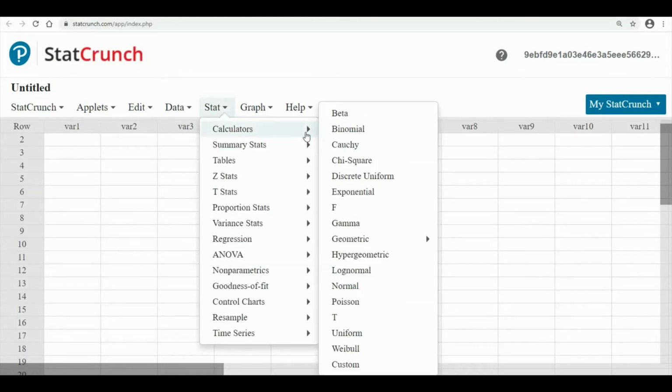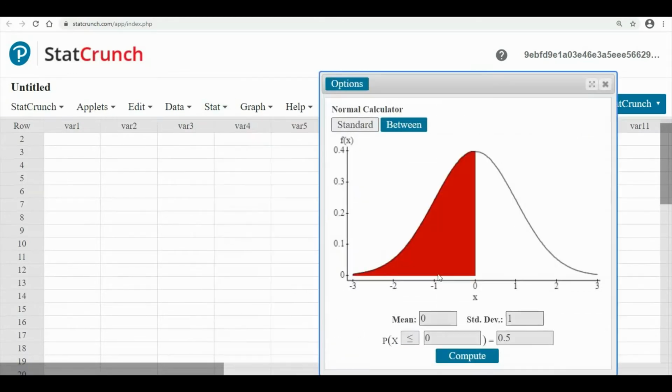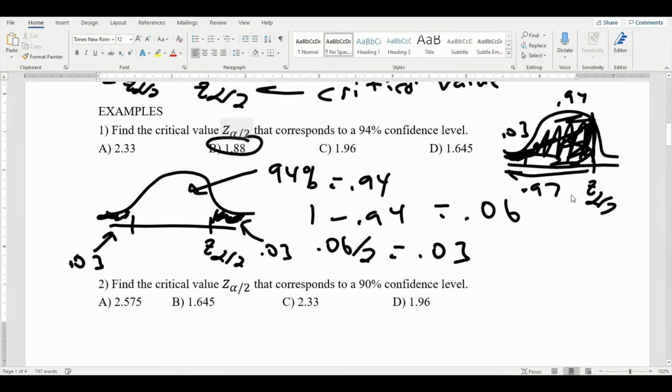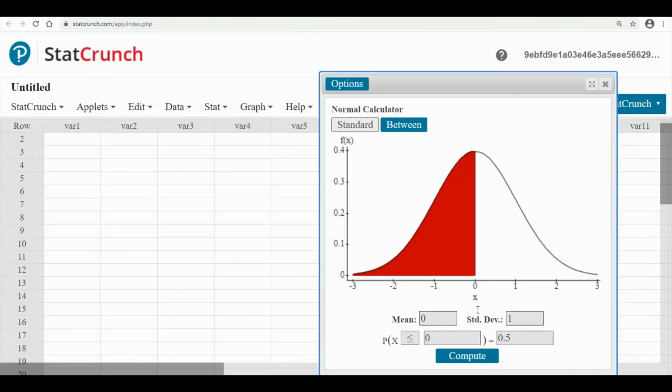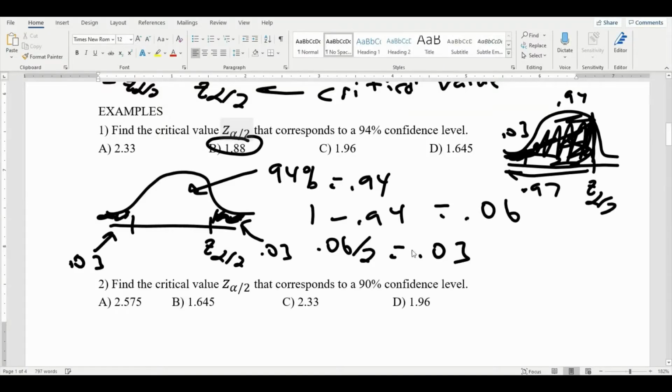Now if you use StatCrunch, that's what we can find. StatCrunch, calculator, normal. Since we're starting in Z form, we're looking for the Z. Keep the mean and standard deviation the same. The picture is a big deal: area to the left, which is 0.97. And by the way, area, probability, proportion, percent, they're all the same question.